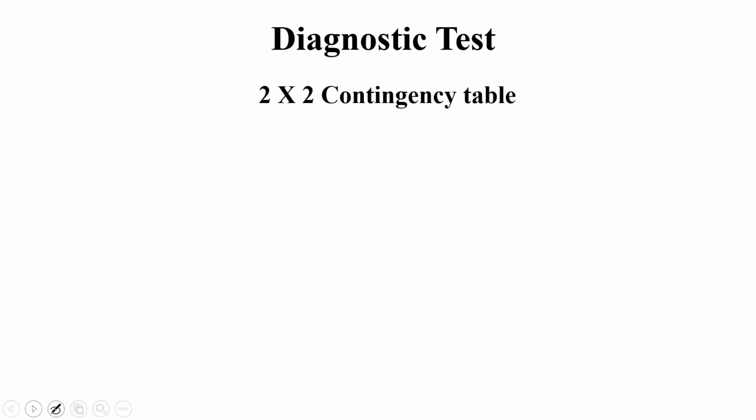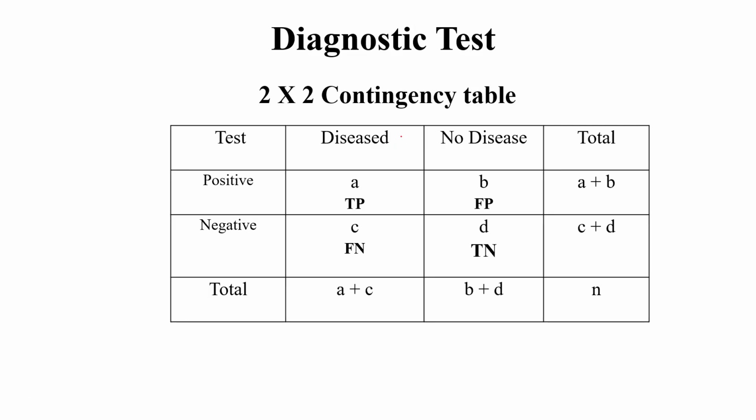So here we have a 2 cross 2 contingency table. We need to understand 2 cross 2 contingency tables. As I said, some are diseased and some are non-diseased, and the test comes positive or negative. So if a person is suffering with the disease and the report is positive, it is known as true positive.